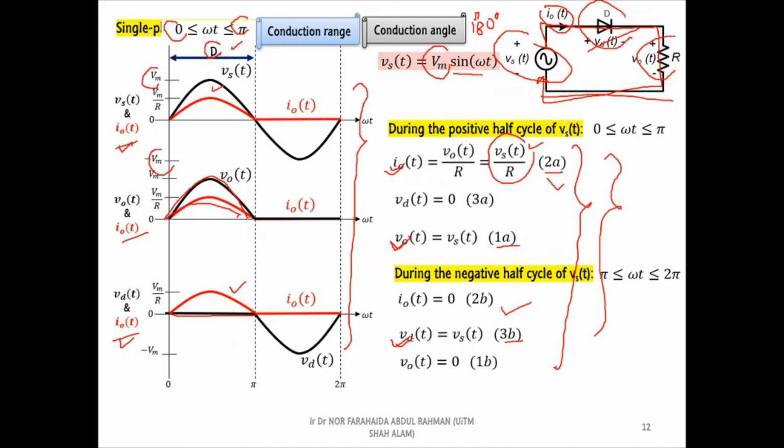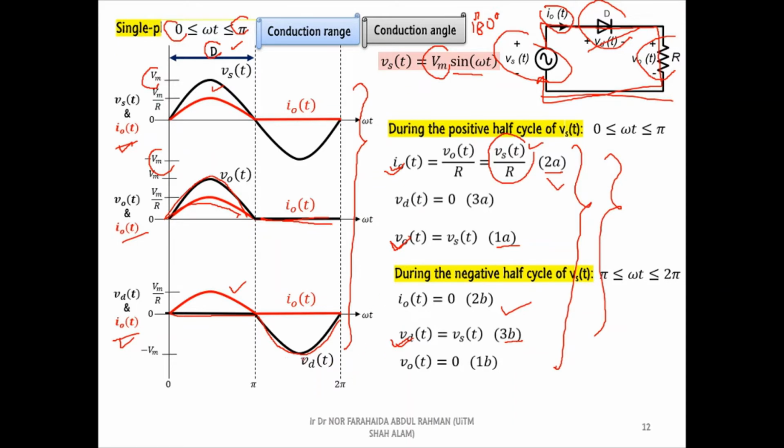In opposite, during the negative half cycle of the supply voltage, diode D will stop the current conduction by blocking a large reverse voltage. Since there is no current flowing to the load, therefore the output voltage equals 0.